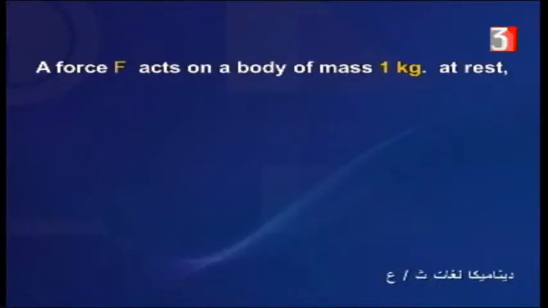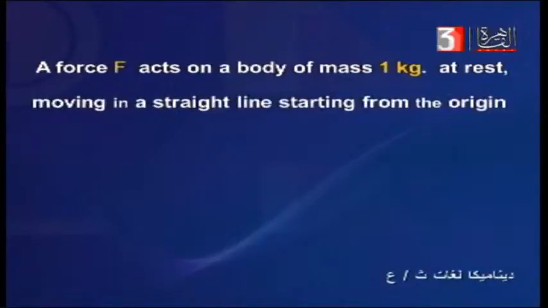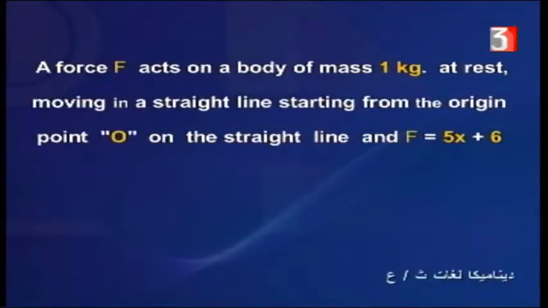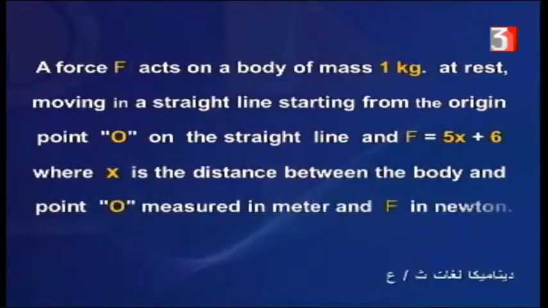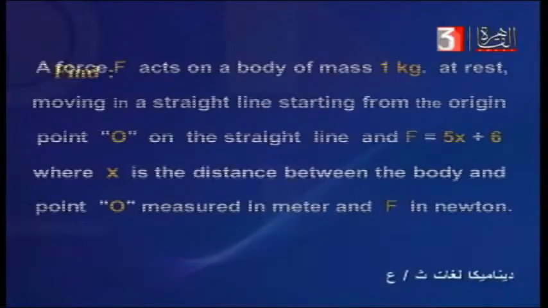Example: a force F acts on a body of mass 1 kilogram at rest. The body moves in a straight line starting from the origin point O on the straight line, and the force F equals 5x plus 6, where x is the distance between the body and the point O measured in meters, and the force F measured in Newton.